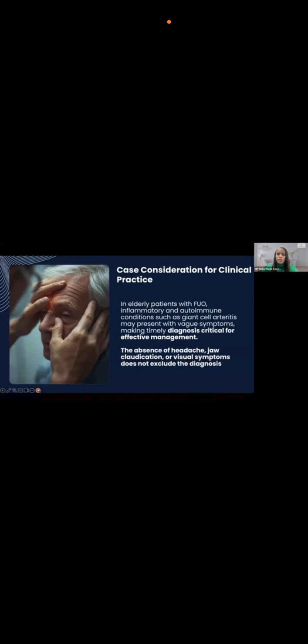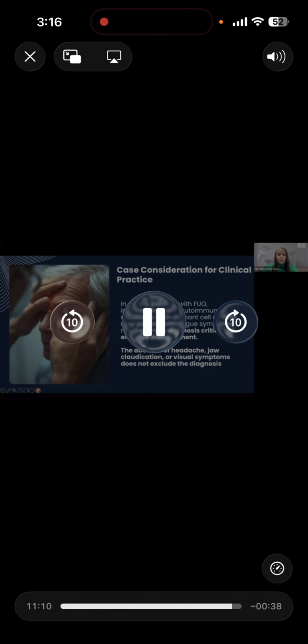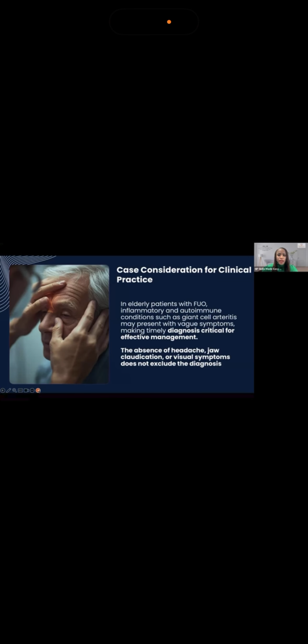Okay, so let's talk a little bit about the case considerations for your practice. In your older adult patients with FUO, so your patients that come in with fever of unknown origin, you always want to consider that there could be two conditions. It could be an inflammatory condition or it could be an autoimmune condition. In this case, this is GCA, giant cell arteritis.